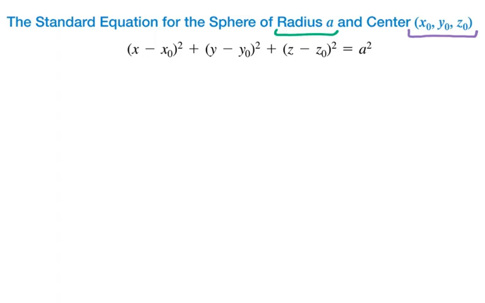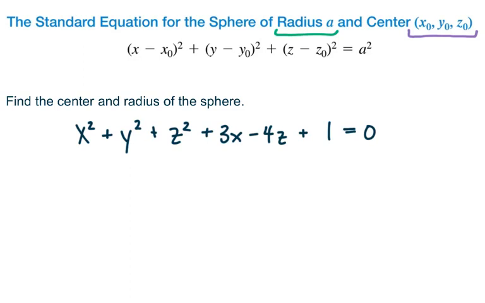If you take a circle and you make it 3-dimensional, that would become a sphere. So we've got the difference of our x's squared, the difference of our y's squared, the difference of our z's squared equals a squared, and a represents the radius. As long as we have a 3-space point and a radius, we can develop the equation of a sphere.